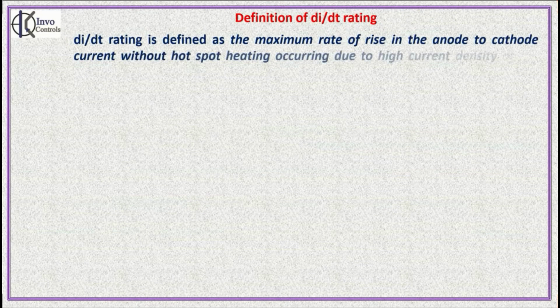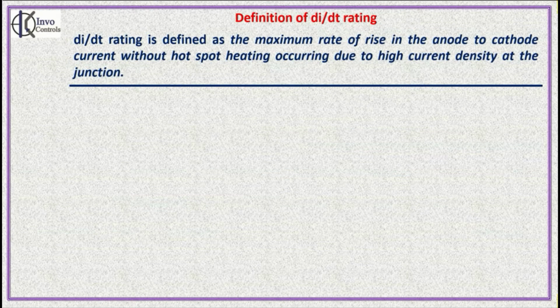di by dt physically means how fast the anode current is increasing with respect to time. It is the maximum allowable rate of rise of anode to cathode current. If di by dt of the SCR is exceeded in the circuit in which it is connected, it will lead to creation of localized areas of high temperature referred to as hotspots in the vicinity of the gate cathode junction.